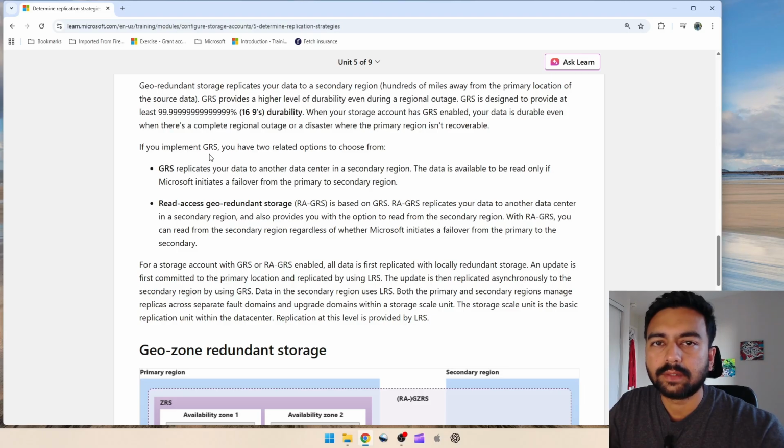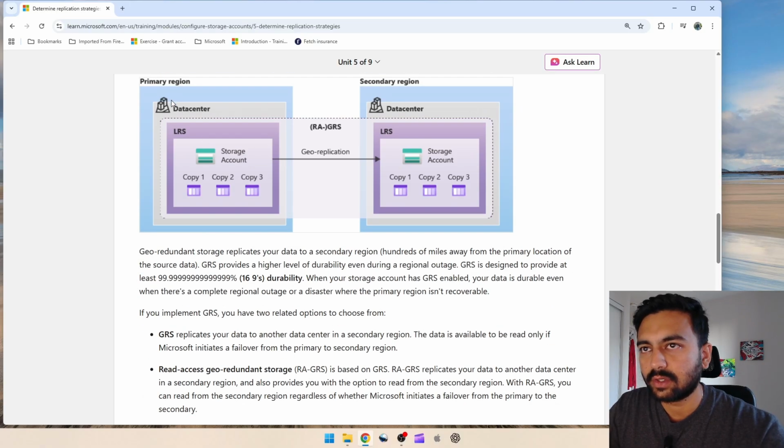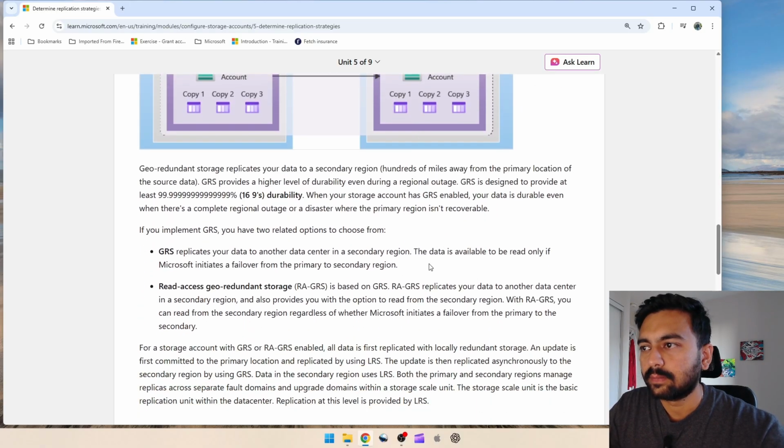So if you choose GRS, you get two options: you can get the GRS option, and you can get the RA-GRS. Let's see what that is. GRS replicates your data to another data center in a secondary region, which we just saw. The data is available to be read only if Microsoft initiates a failover from primary to secondary region.